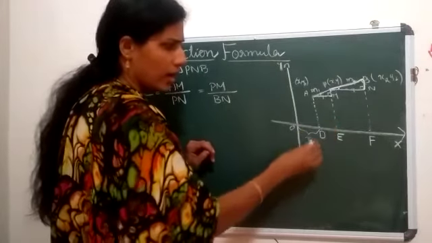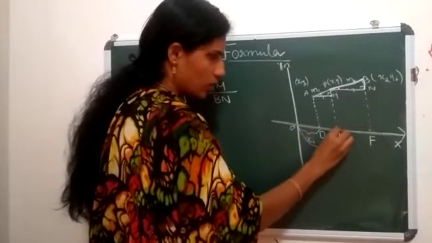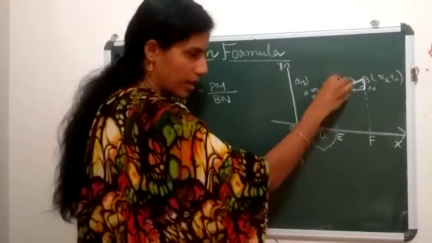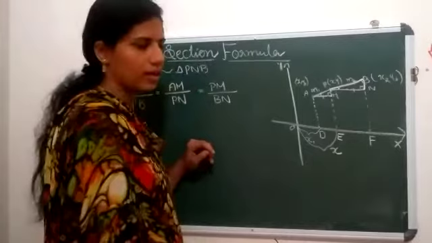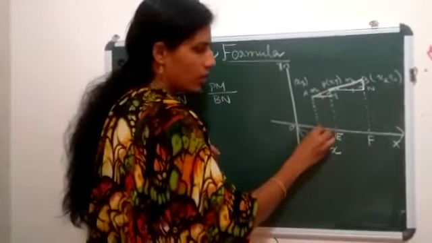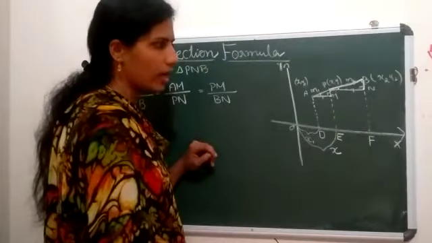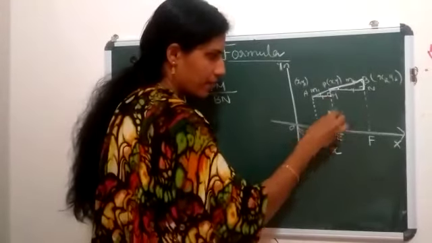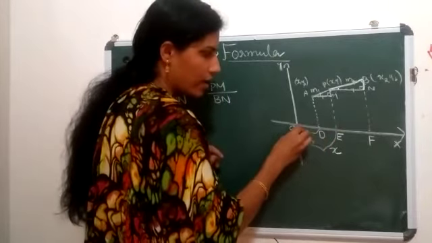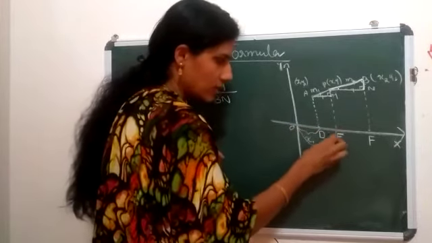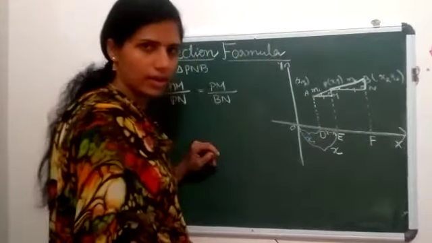Now O to E, what is the coordinate? x. So O to E is x. Clear? Now DE, the distance between D and E. From O to D it is x1 and O to E it is x, so D to E is x minus x1, right?